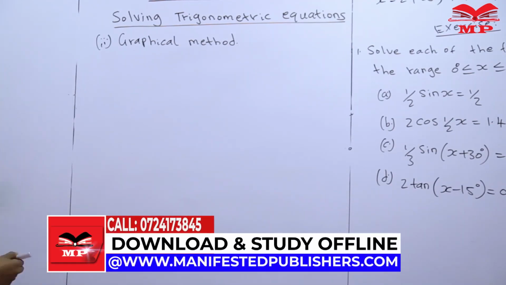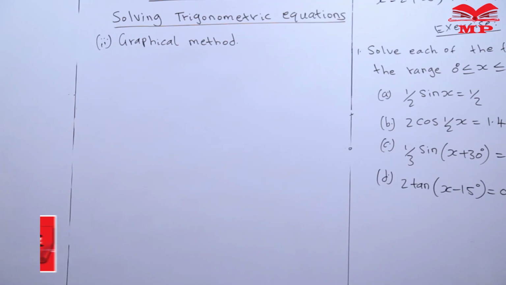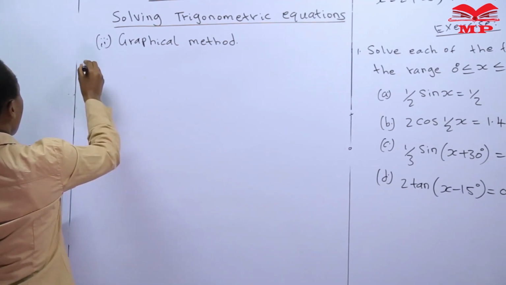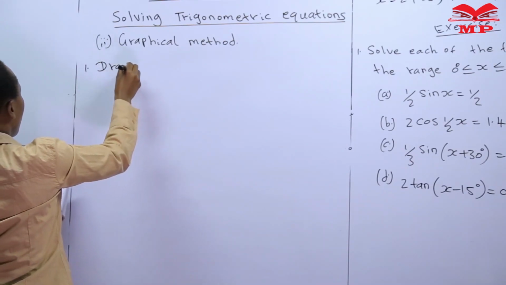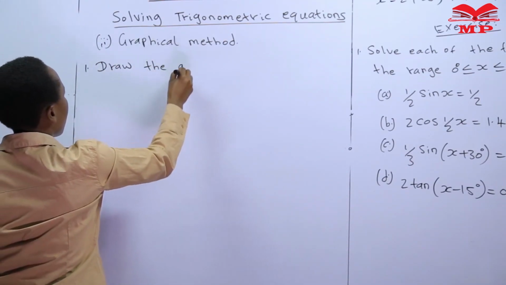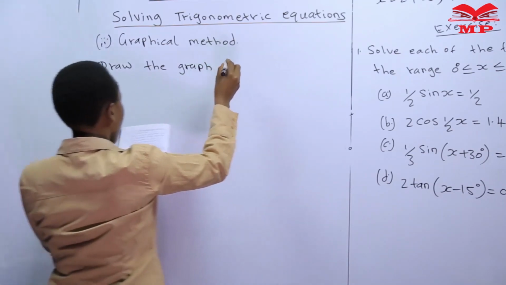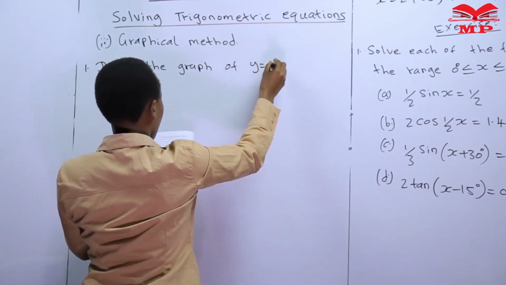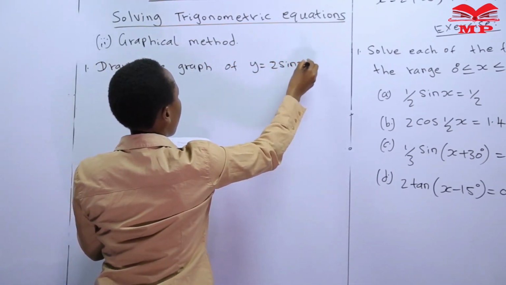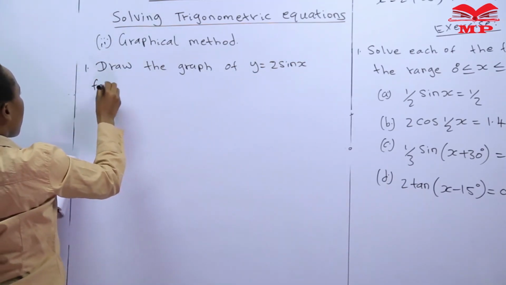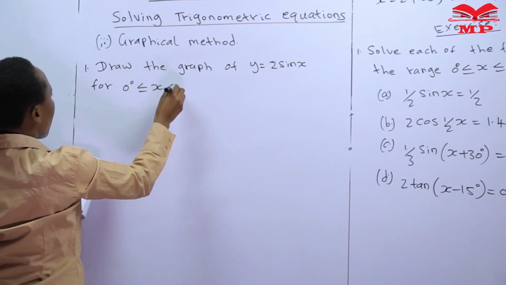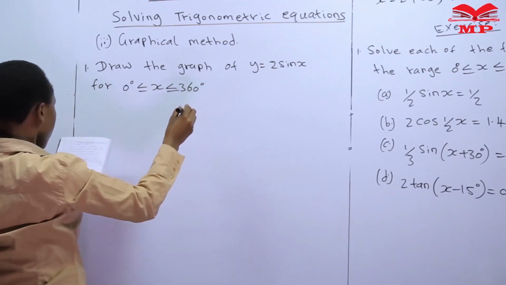In this case, I'd like us to do one example which will help you on solving trigonometric equations by the graphical method. This is the question we've been given. The question is, draw the graph of y is equal to 2 sin x for the values 0 degrees up to 360 degrees.